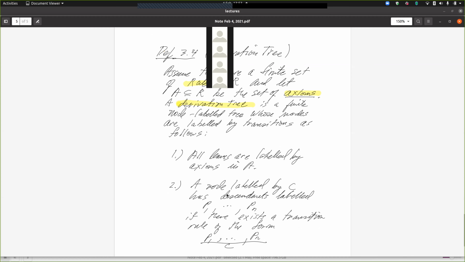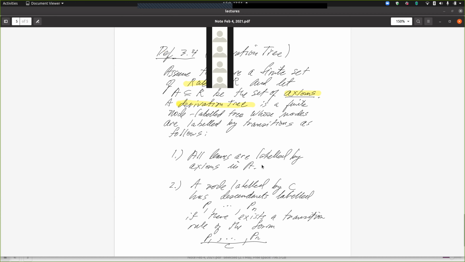There's nothing to show. Like, for example, in the example that we've been working with, the rule for numerals is an axiom. It doesn't depend in any way on recursion. And so that's what the axioms are. And the definition, a derivation tree is a finite node labeled tree whose nodes are labeled by transitions as follows.